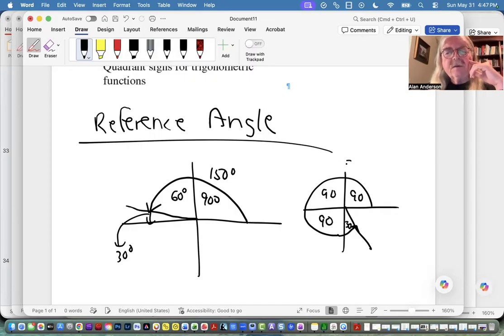So this is positive 300 degrees. To get back to the horizontal axis the quickest way possible, you'd have 60 degrees here, and that is your reference angle.